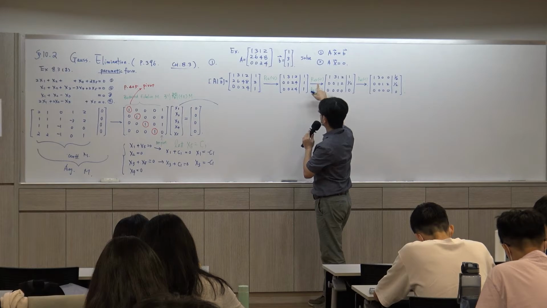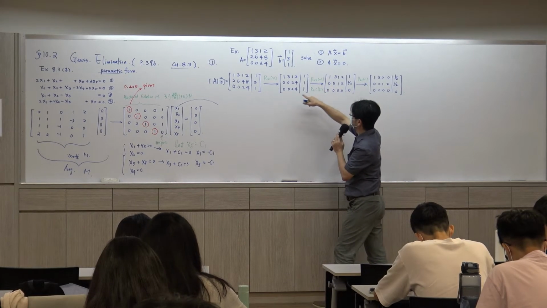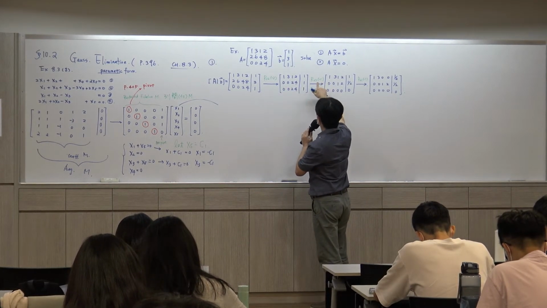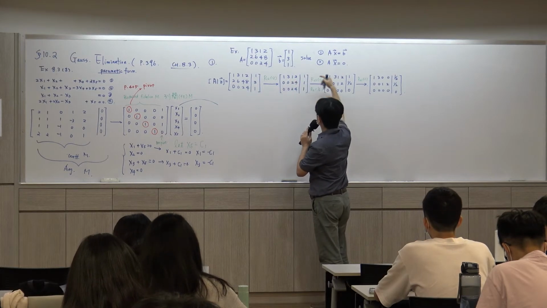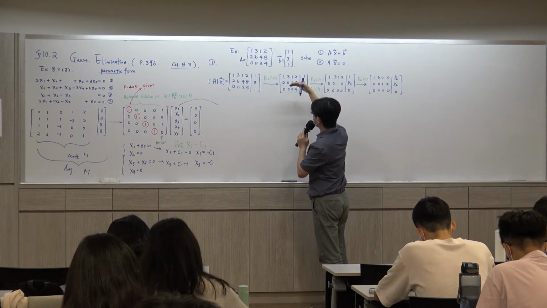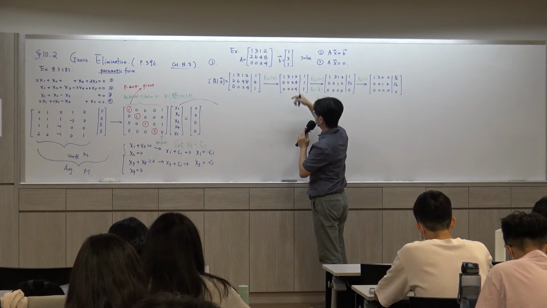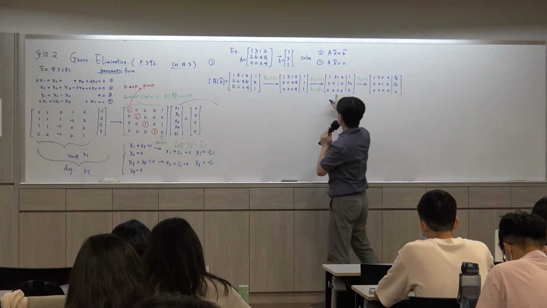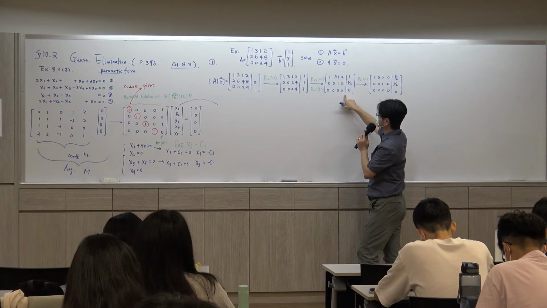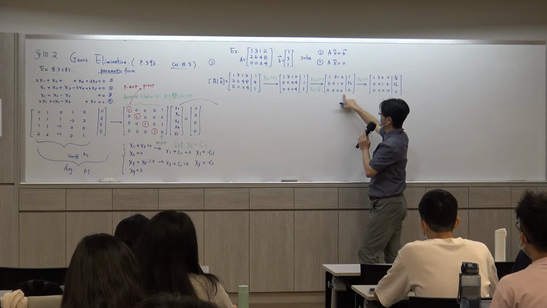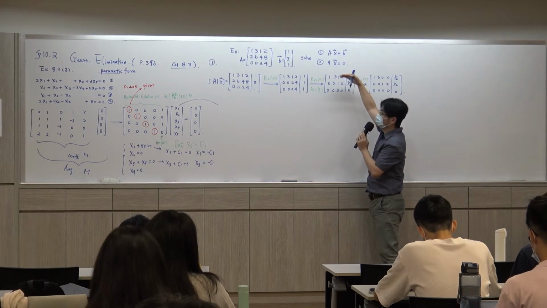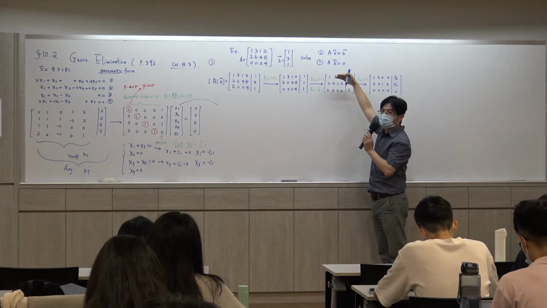So we can direct the second row times minus 1 and plus to the third row, then we can cancel out the third row here. So as you can see, we have three rows.